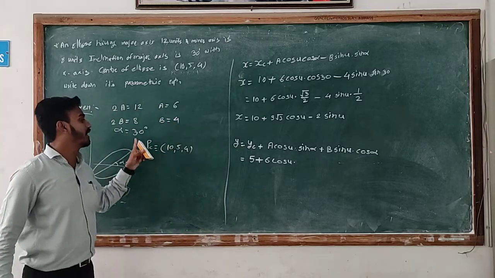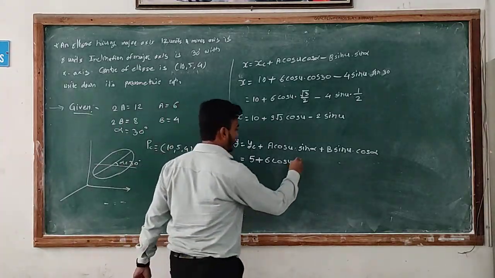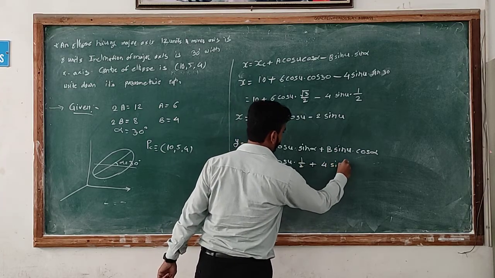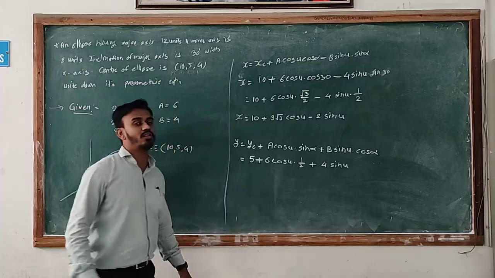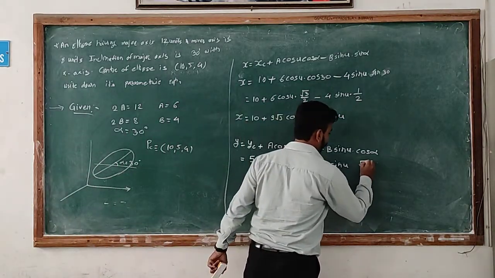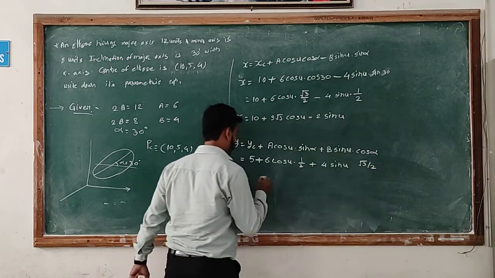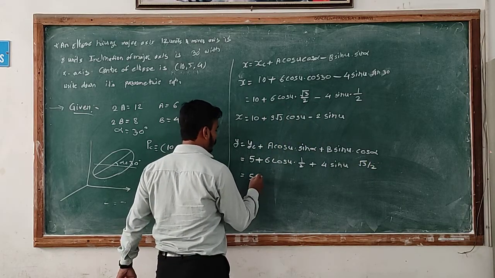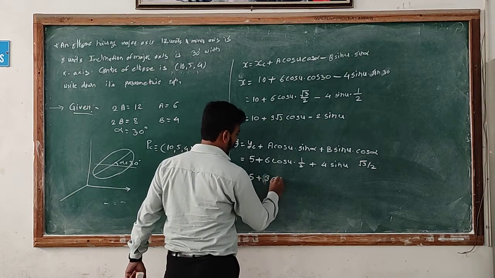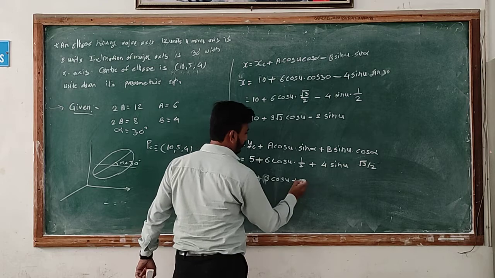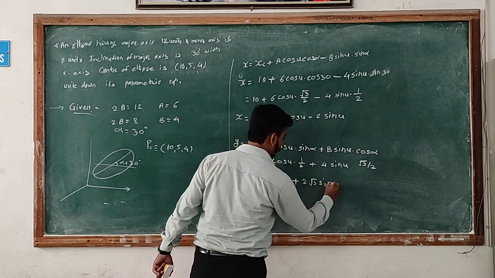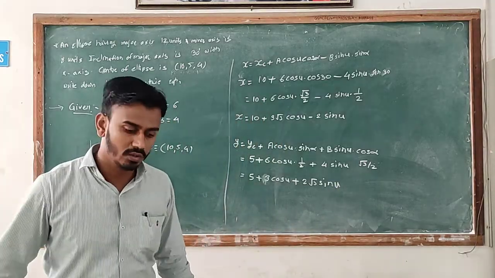Alpha is 30 degrees, sin 30 is 1/2. Plus b, which is 4, into sin u, and cos alpha. Alpha is 30 and cos alpha is root 3 by 2. So it is equal to 5 plus 3 cos u plus 2 root 3 sin u.